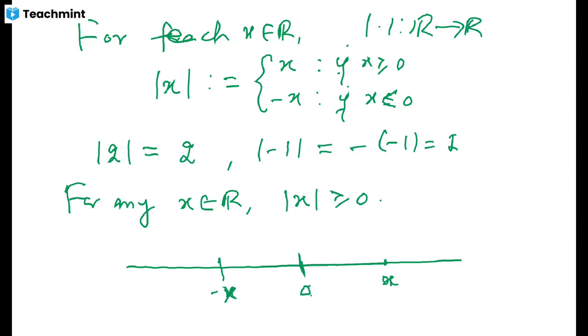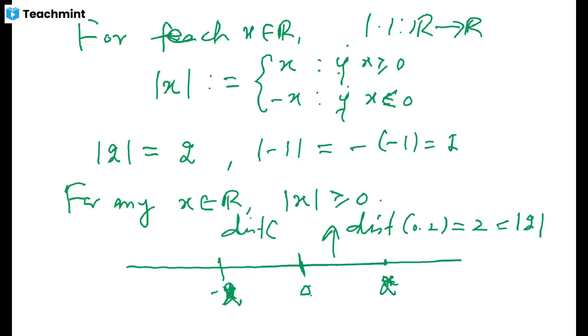The distance from 0 to 2 is 2, and since 2 is a positive number, I can write it as the modulus of 2. Similarly, the distance from 0 to minus 2 is always a positive quantity, it cannot be negative. How many units is this? It is also 2, and this 2 can be written as the absolute value of minus 2.